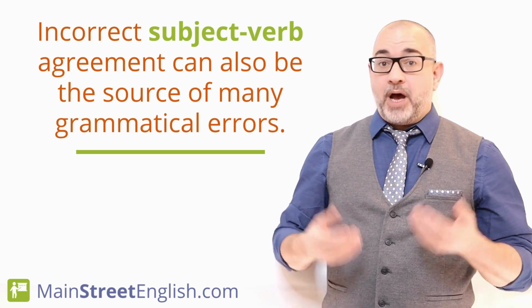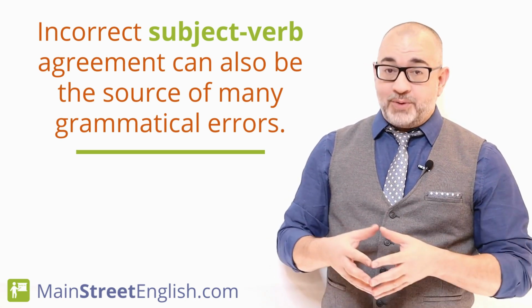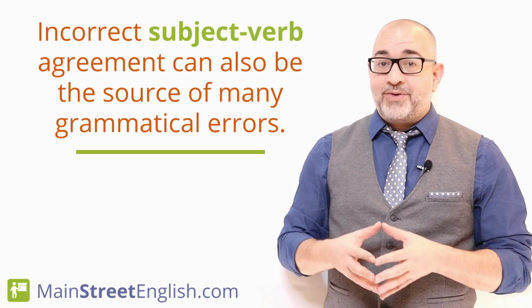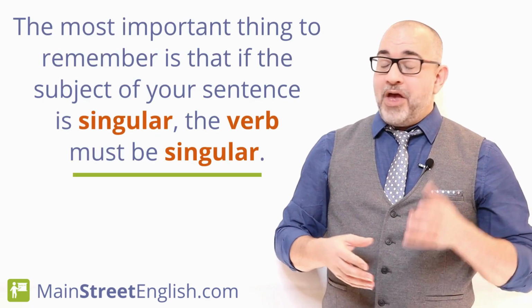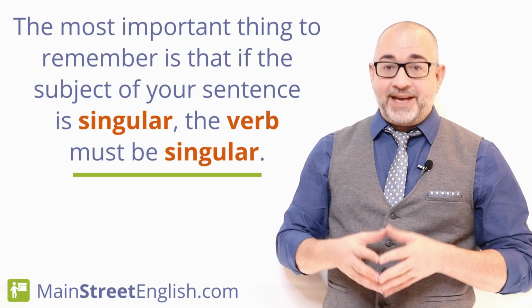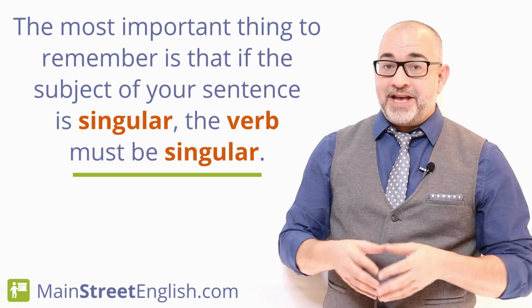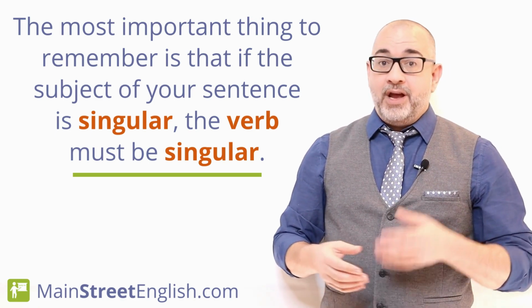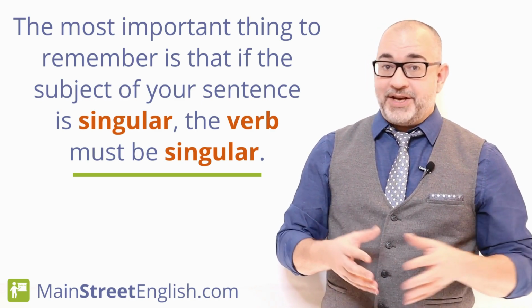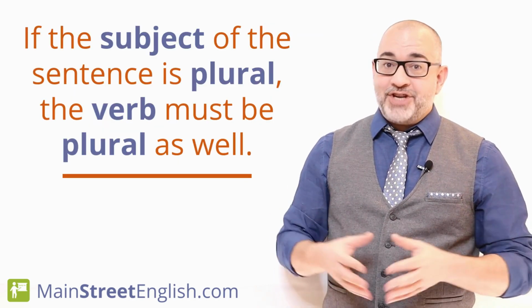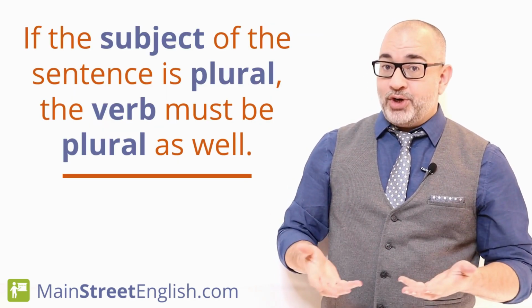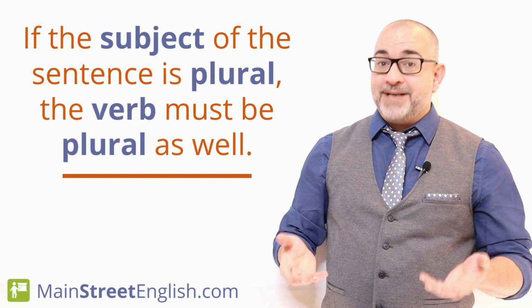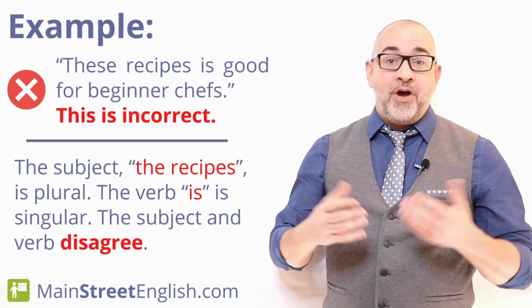Incorrect subject-verb agreement can also be the source of many grammatical errors. The most important thing to remember is that if the subject of your sentence is singular, the verb must be singular. If the subject of your sentence is plural, the verb must be plural.